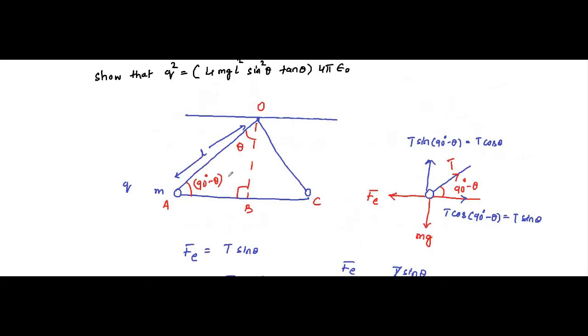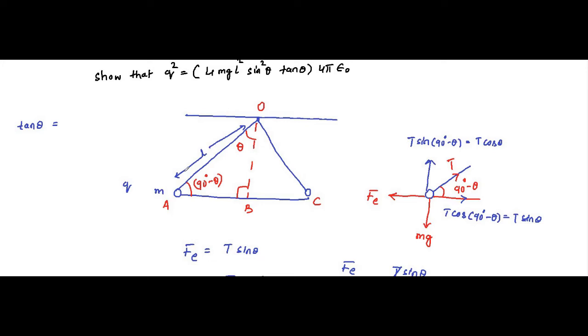Now from this diagram, tan theta is equal to perpendicular by base, which is AB by OB, isn't it?